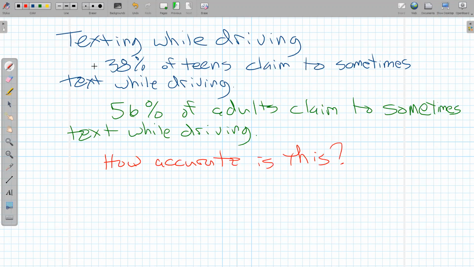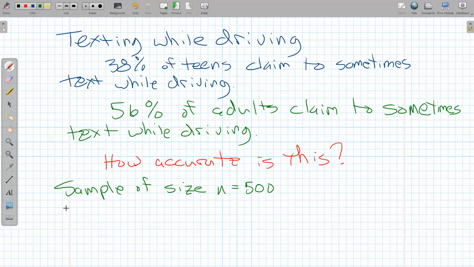Now, in this case right here, this is sample data. So let's suppose I have a sample of size 500. Sample size is usually the letter n, so sometimes we'll see n equals 500.